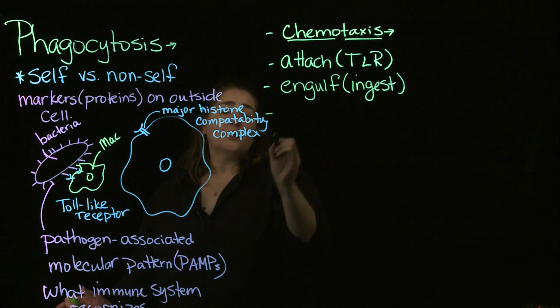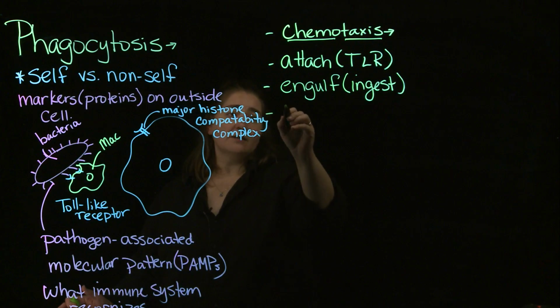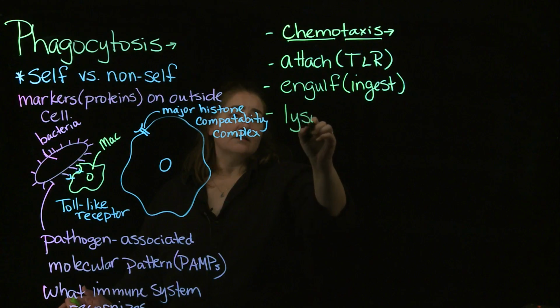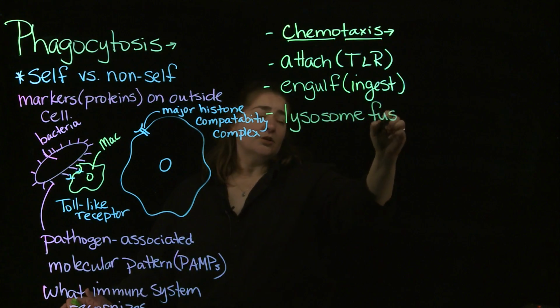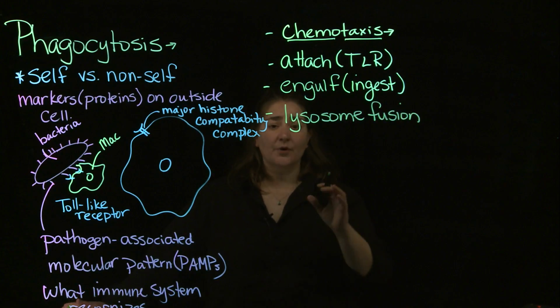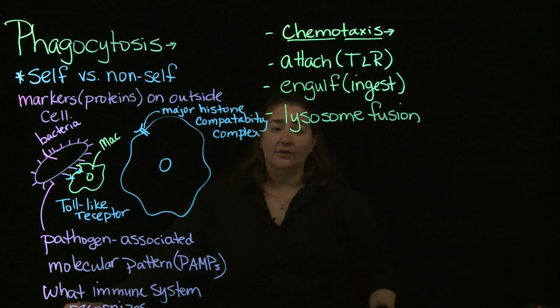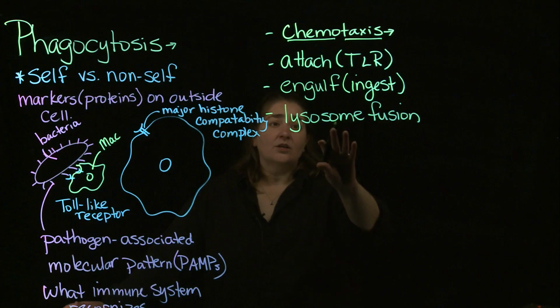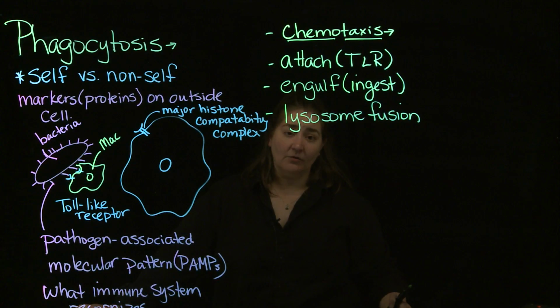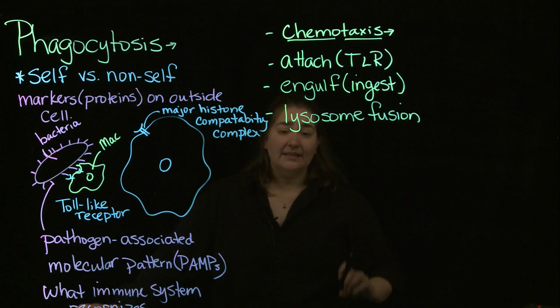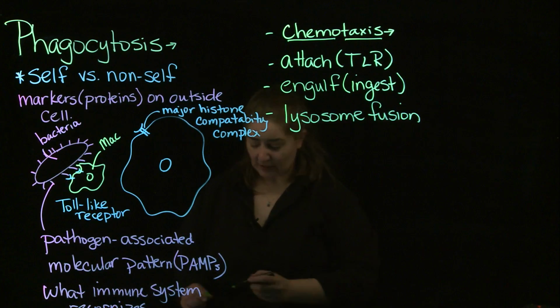And in terms of breaking down the bacteria, you're going to have another component of that eukaryotic cell that's going to be important with that. You're going to have the lysosome that's going to fuse with that engulfed bacteria, and it's going to break it down, all right?